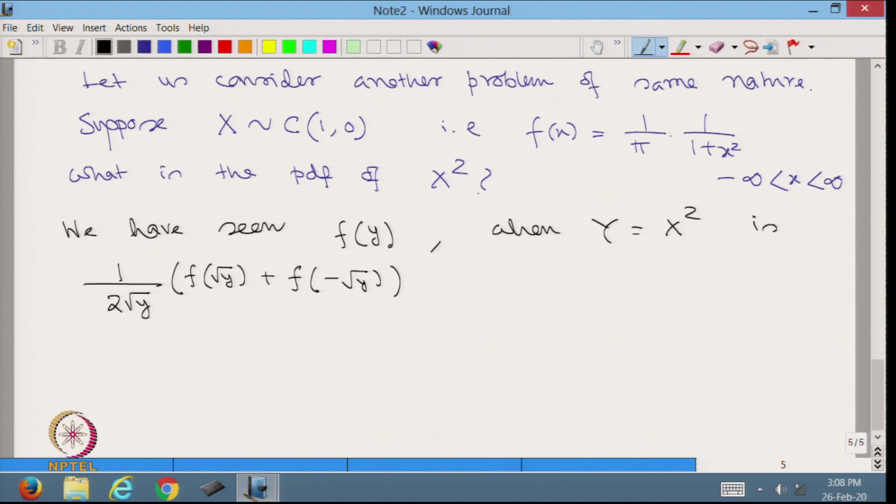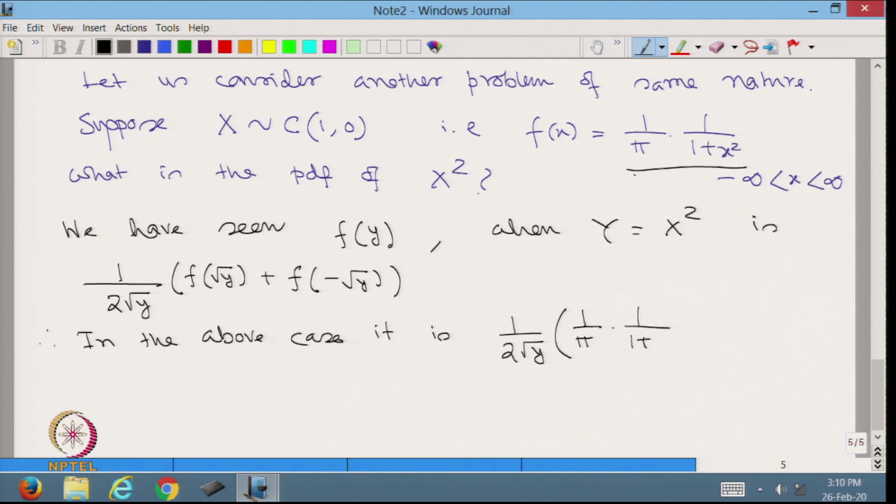Therefore, in the above case, it is 1 over 2 root y into 1 over pi into 1 upon 1 plus y, because root y square is y, plus 1 by pi into 1 upon 1 plus y, is equal to 2 upon 2 root y multiplied by 1 over pi into 1 upon 1 plus y, is equal to, 2 gets cancelled.